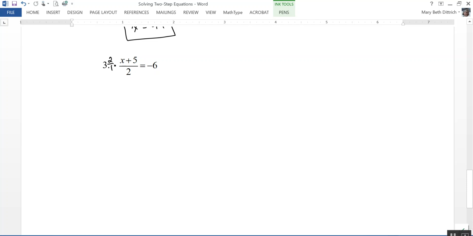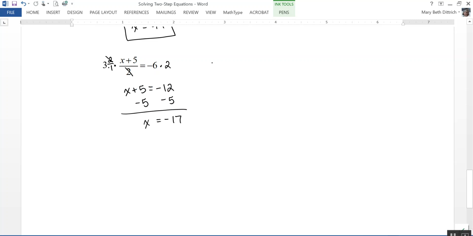You might even want to write this as 2 over 1, because then a 2 in the numerator, 2 in the denominator, make a 1. And that leaves me with x plus 5 is equal to negative 6 times 2, which is negative 12. And now x is having 5 added to it, so to undo adding 5, I need to subtract 5. So x is equal to negative 17.